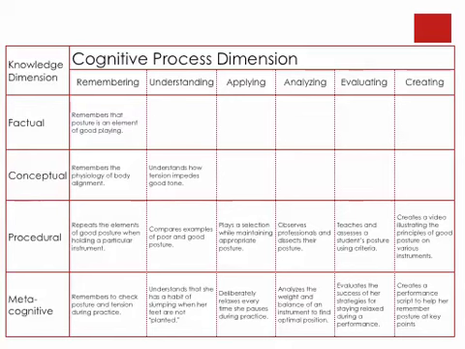At the application level, the student may make a point of deliberately relaxing every time she pauses during practice. At the analysis level, she would analyze the weight and balance of an instrument to find optimal position. And then moving up at the evaluation level, she's evaluating the success of her strategies for staying relaxed during a performance.